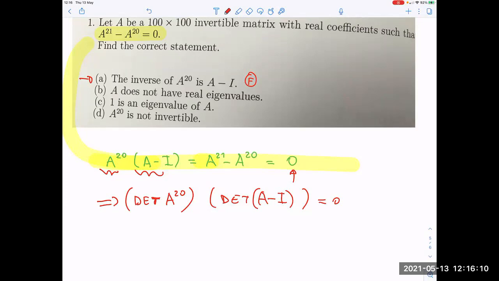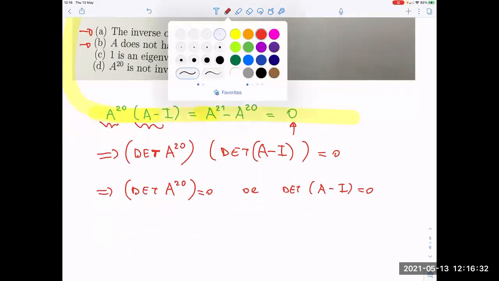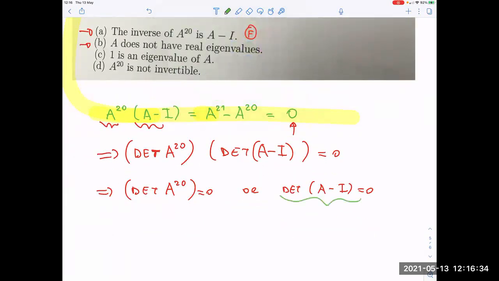Then let's look at the second one. We know that either the determinant of A20 is 0, or the determinant of A minus the identity is 0. And this one implies that 1 is an eigenvalue.